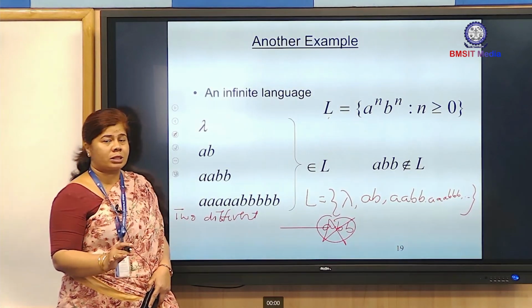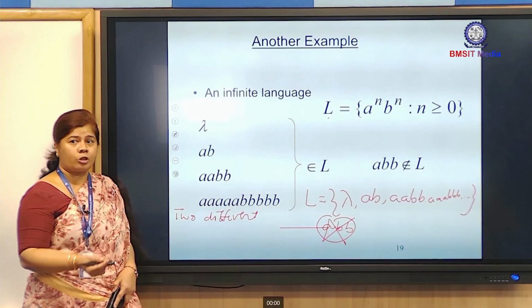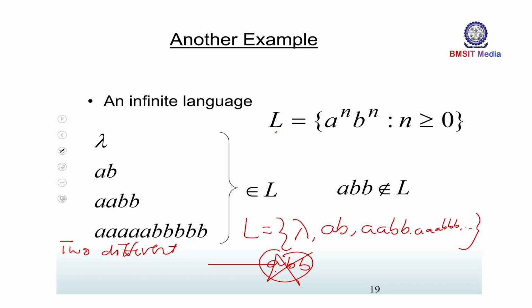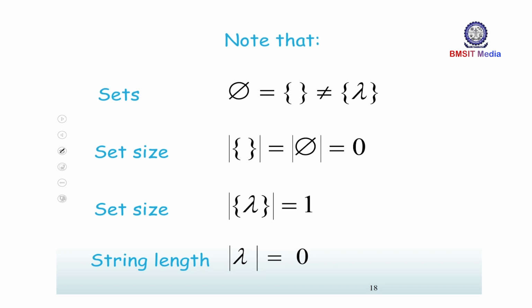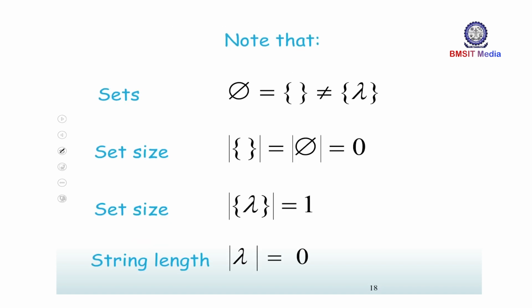Only those strings will be part of this language, so the string ABB will not belong to it. In that way you can find out whether a string belongs to the language or not. This is the example for the infinite language.